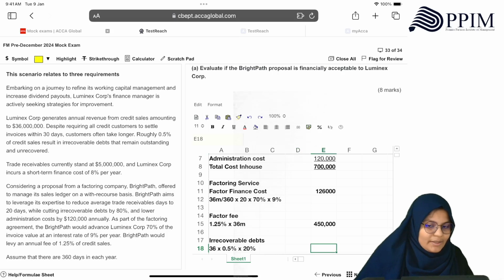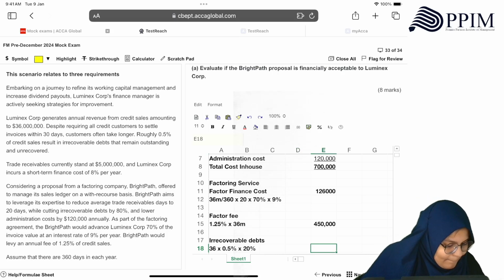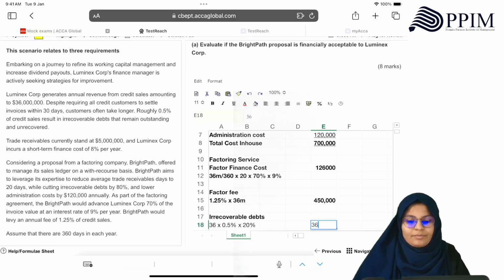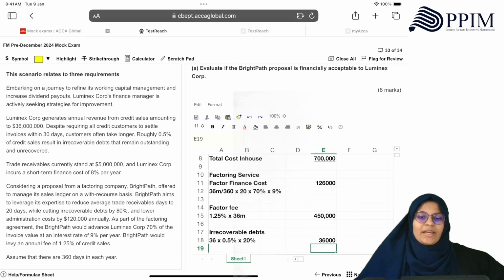So irrecoverable debts, how much is that going to be? 36,000. Okay, so that is what they have given me straightforward, right? Nothing else they are mentioning there.